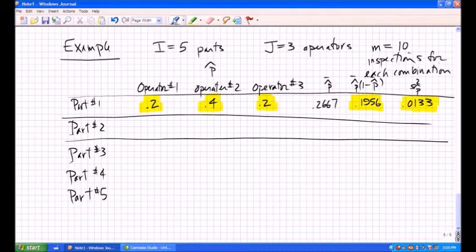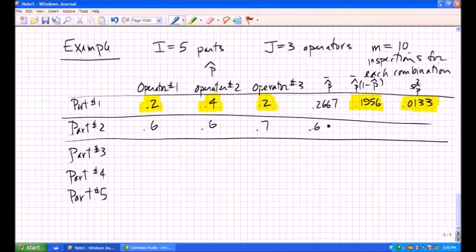Now, if I go ahead and fill this table in, let's suppose for sake of argument 6 times in 10 part 2 is called non-conforming by operator 1, 6 times in 10 by operator 2, 7 times in 10 by operator 3.